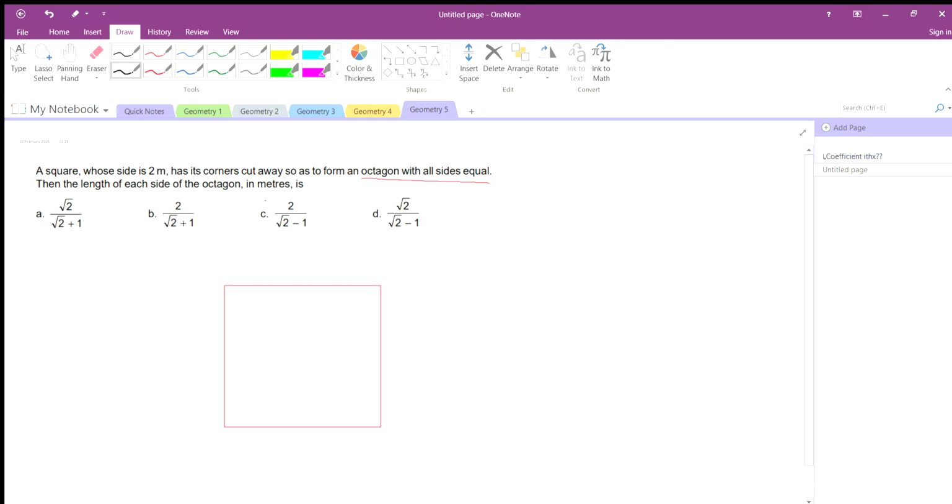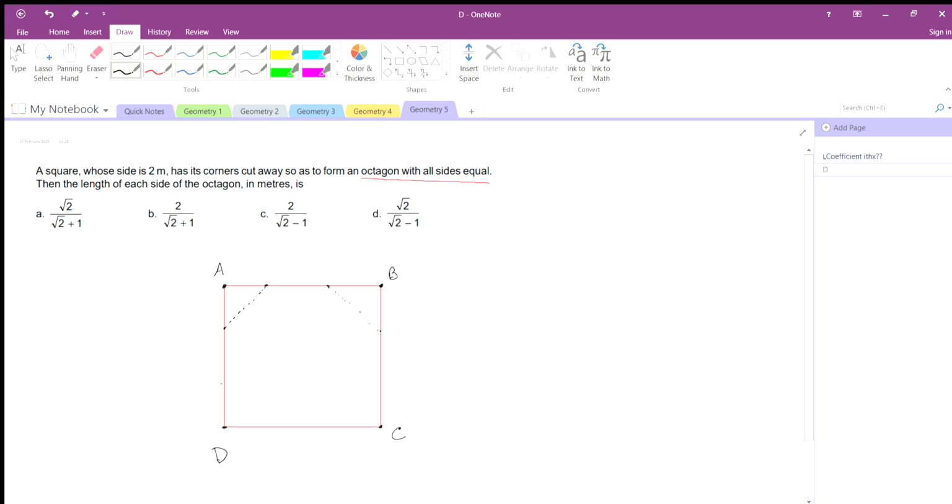Now let me name the vertices A, B, C and D. Now the corners are cut, right? Removed basically. Similarly, corner B is also removed.